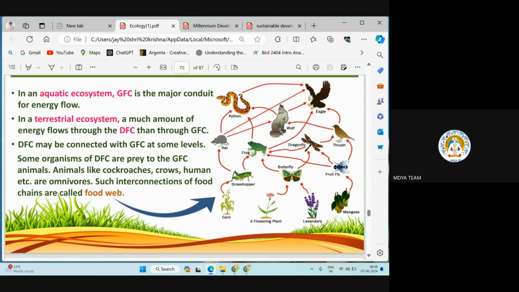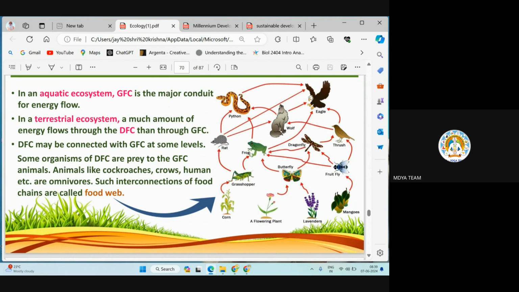For example, a butterfly will take the nectar from any flowering plant and from lavender also. So many plants butterfly is feeding on, and butterfly will be the food for frog as well as dragonfly.